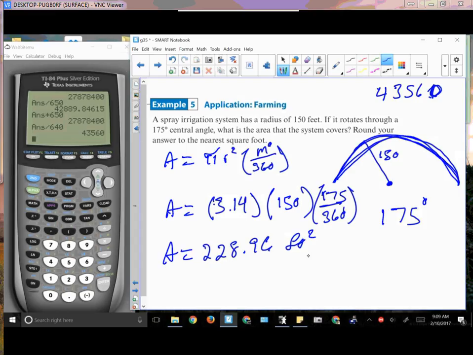So, back here, that's got to be squared, correct?